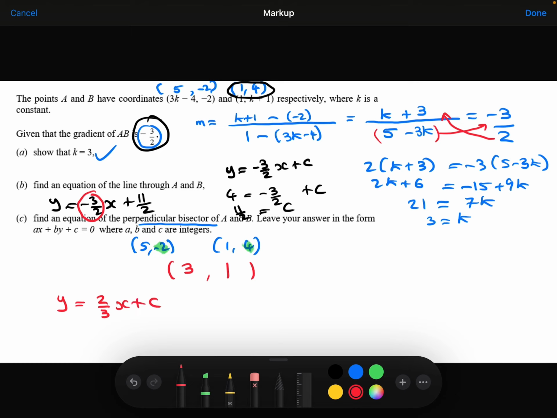It's going through the point (3, 1). So the y coordinate is 1 when the x coordinate is 3. The 2/3 times the 3 is just going to be 2. So c is -1.